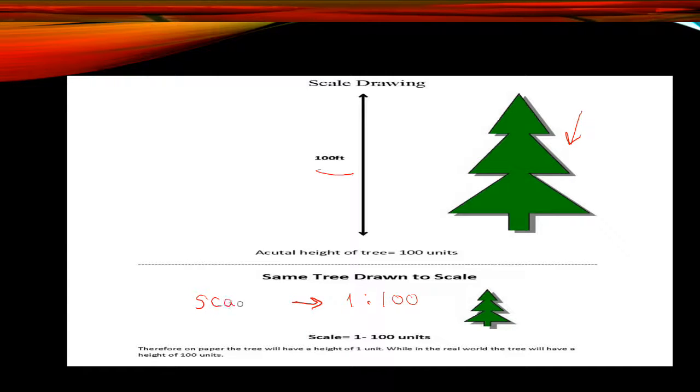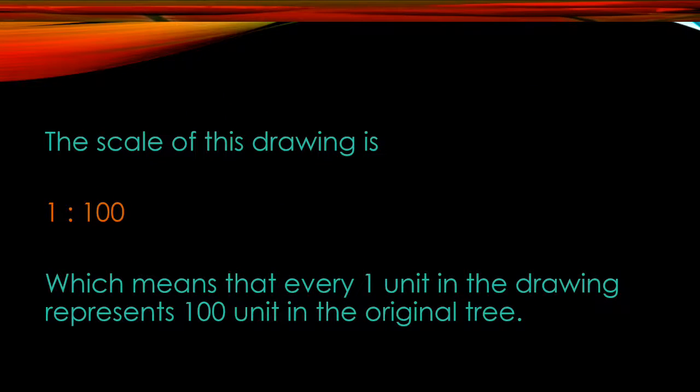And as we know, a scale is a ratio between two quantities. The first one is for the drawing and the second one is for the original. So the scale of this drawing is 1 to 100, which means that every 1 unit in the drawing represents 100 units in the original tree. What I want you to take care of is the ratio, which is the scale.